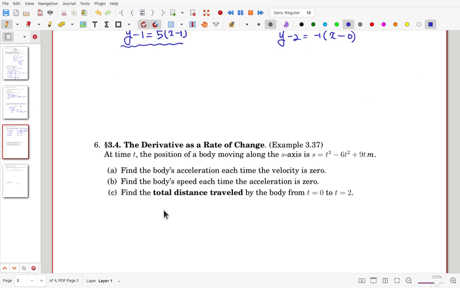Okay. Number 6 is about a body moving along a line, and s, the position, is given in this way, and here we have to find the body's acceleration in part A. Each time the velocity is 0, after taking the derivative you can find the time when the velocity is 0, and by using that time you can find the acceleration, which is the second derivative of the position.